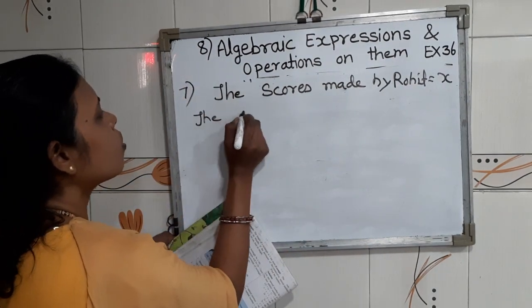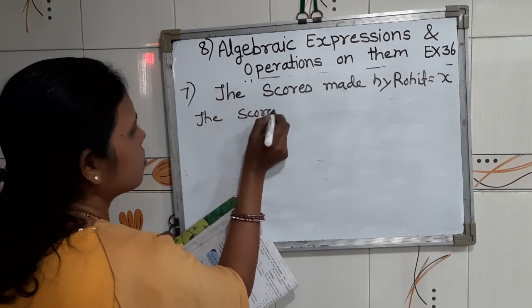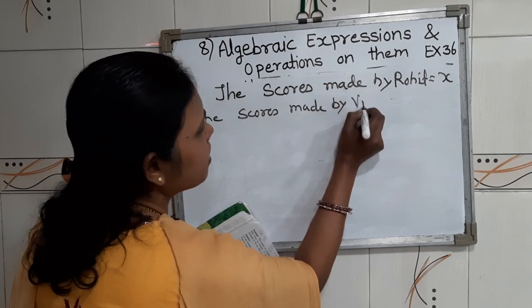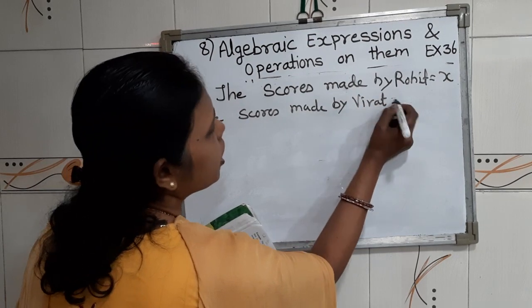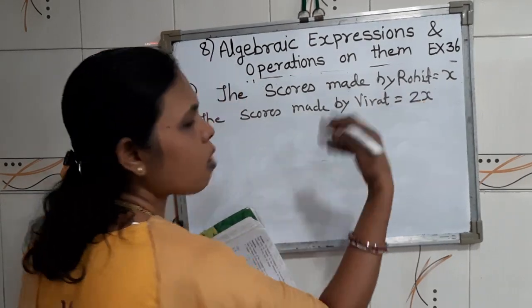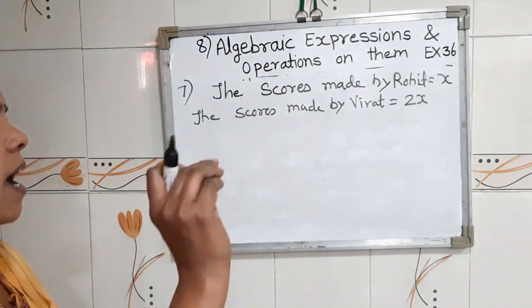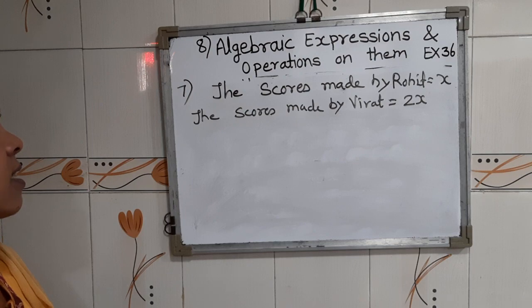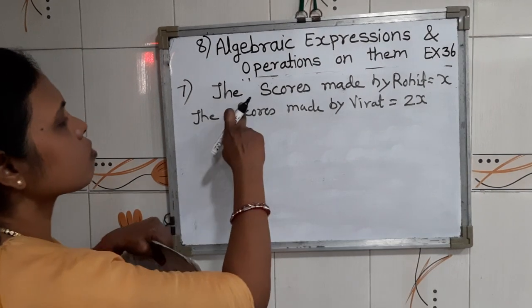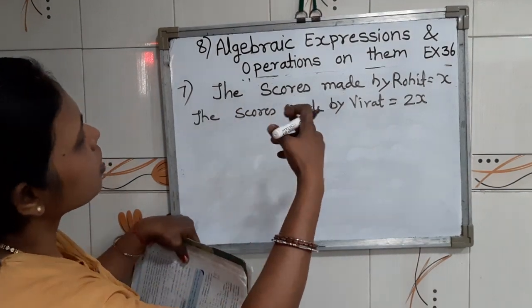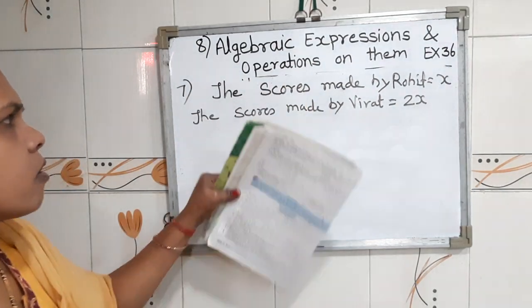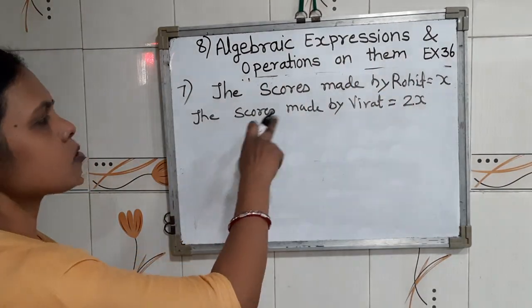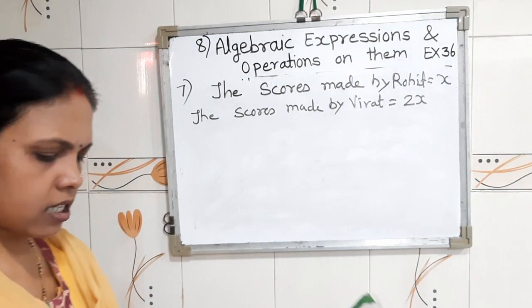The score made by Virat equal to 2x, twice. Therefore, Rohit scores x runs, and the score made by Virat equal to 2x.